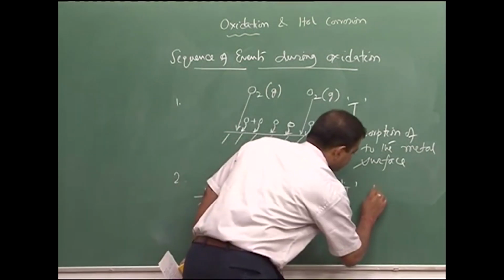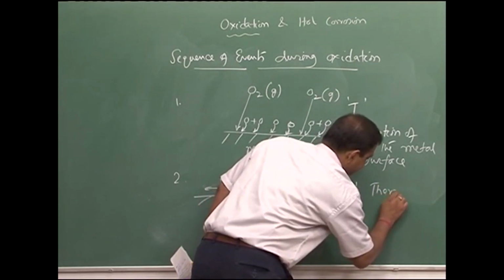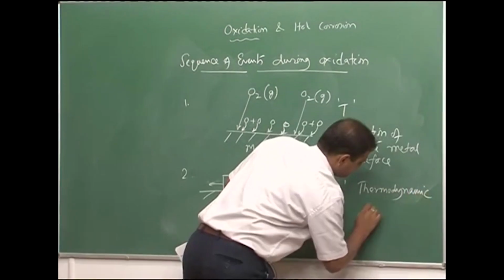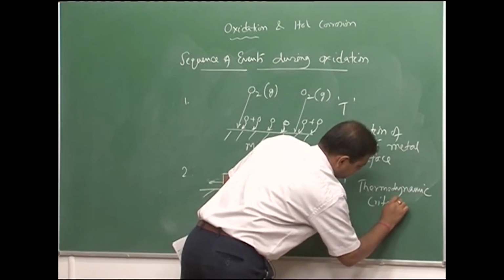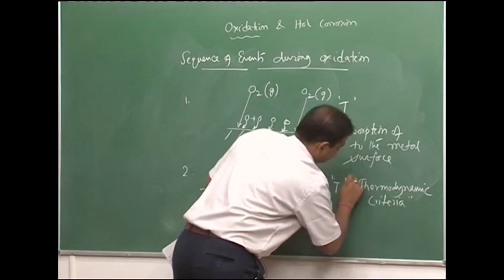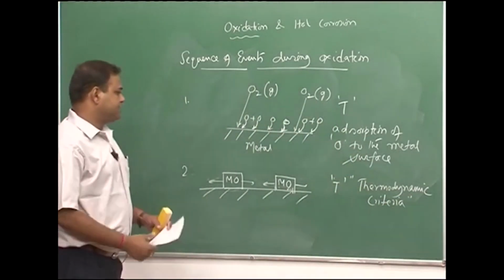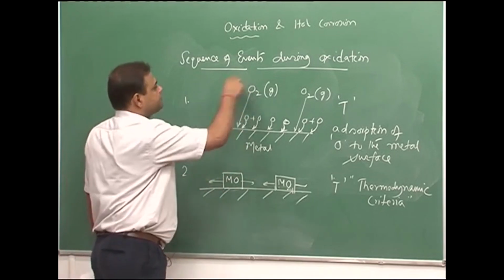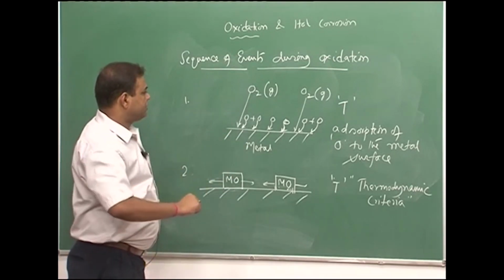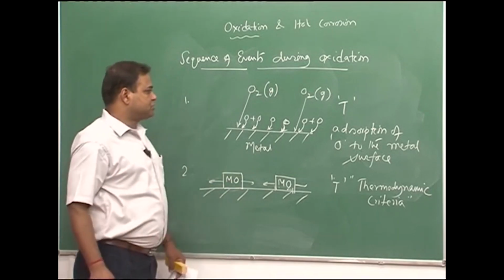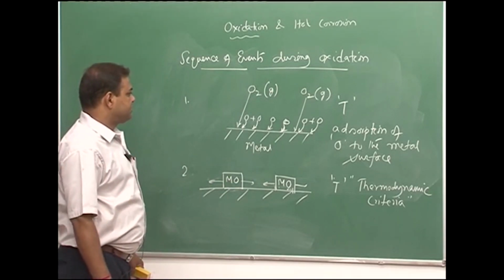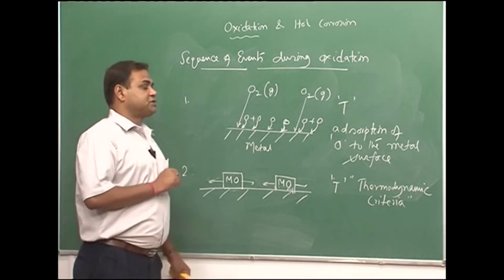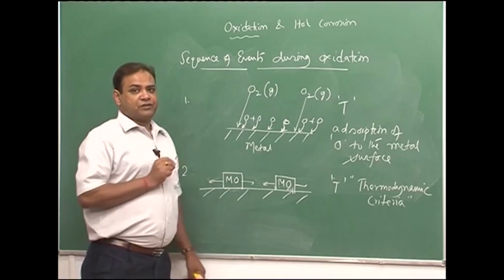So, the thermodynamic criteria is reached. Of course, the kinetics is to be satisfied in order to form this metal oxide, but if you have enough supply of oxygen, as well as the partial pressure of oxygen for the formation of oxide is maintained, and if it is higher than the partial pressure of oxygen that is needed, oxide formation is possible.